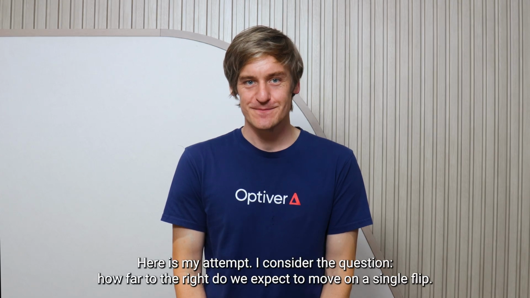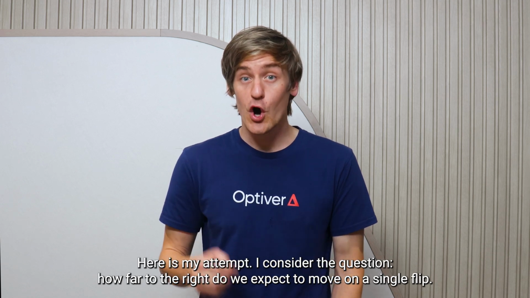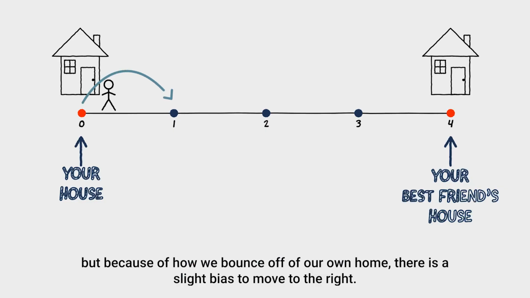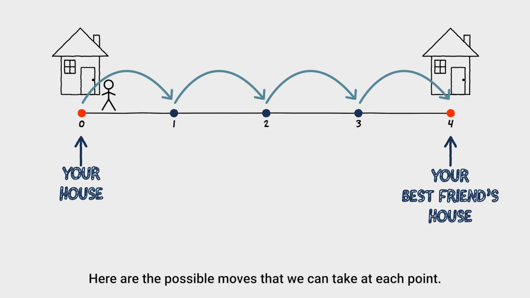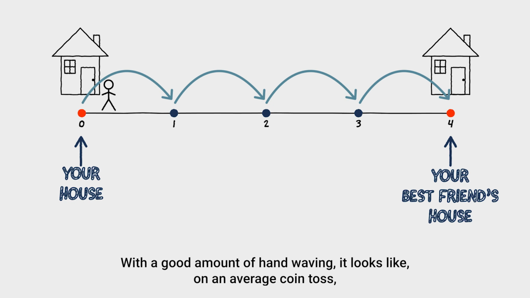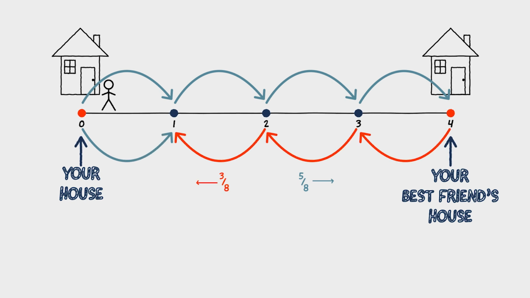Here is my attempt. I consider the question, how far to the right do we expect to move on a single flip? You might think the answer is 0, but because of how we bounce off of our own home, there's a slight bias to move to the right. Here are the possible moves that we can take at each point. With a good amount of hand waving, it looks like on an average coin toss, there is roughly a 5/8 chance that we move right one, and a 3/8 chance we move left one.